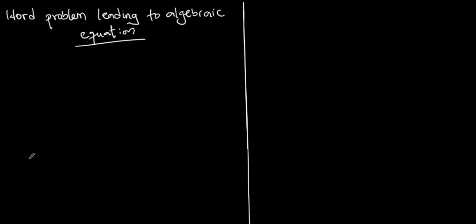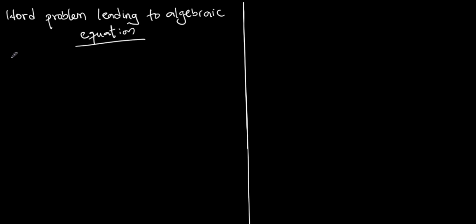Now, imagine I'm thinking of a number. If I add 5 to that number, I'll get 12. What number do you think I'm thinking of? That should be 7, right?